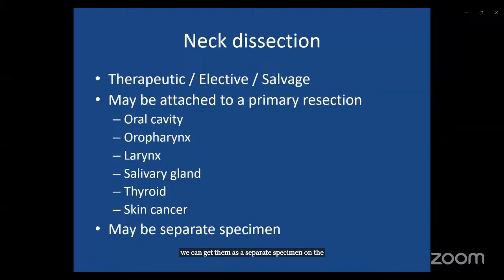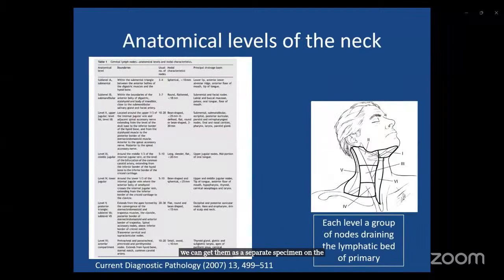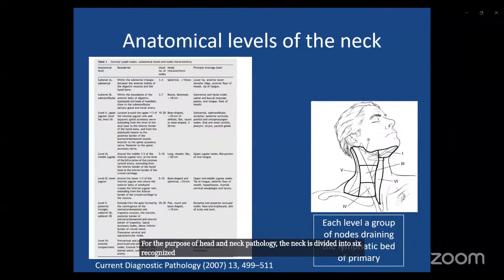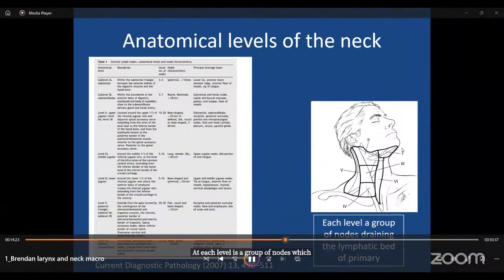For the purpose of head and neck pathology, the neck is divided into 6 recognised levels or lymph node groups, and each level is a group of nodes which are draining the site of the primary. The groups are determined by anatomy. The table lists the anatomical structures which determine each level.